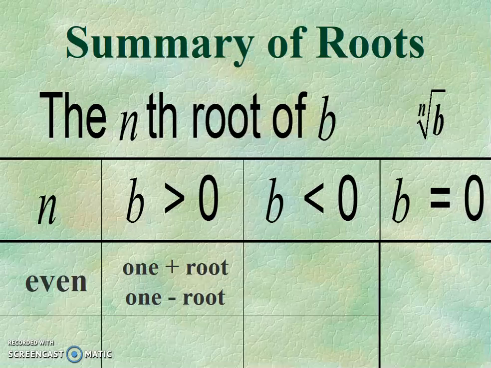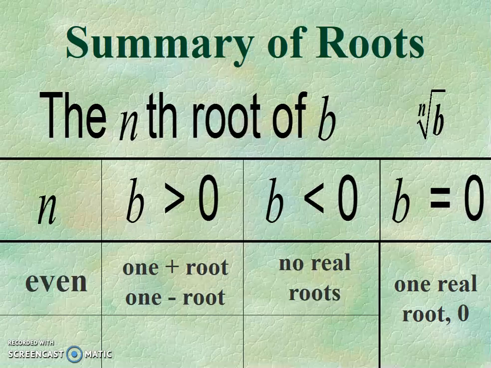If b is less than 0, which means it's negative, there's no real roots. So if you think about the square root of a negative number, there is no real roots, so we cannot have anything in there. Alright, if we're looking at b equal to 0, there's going to be one root, and it's going to be 0.